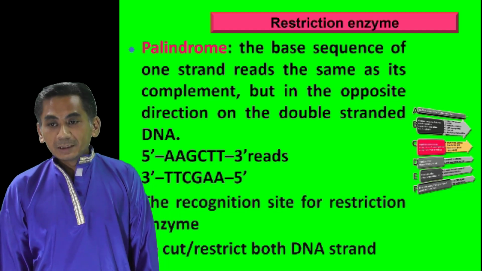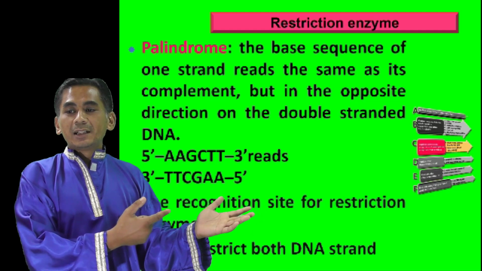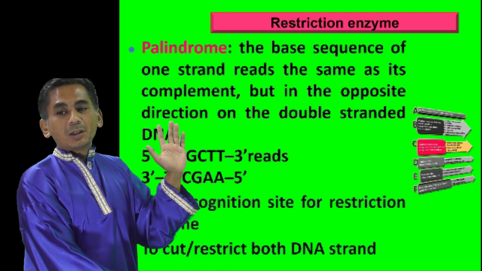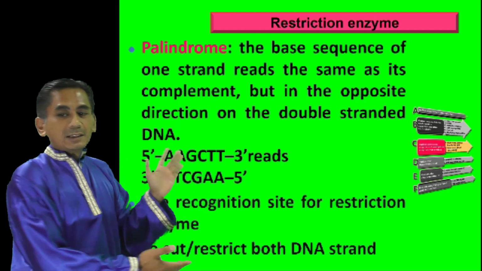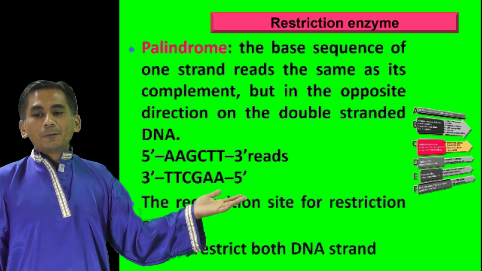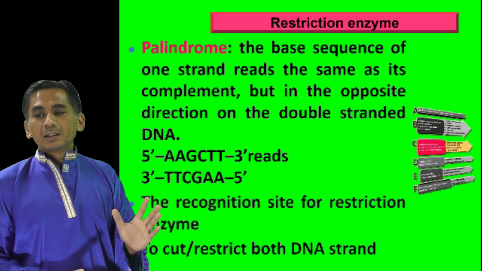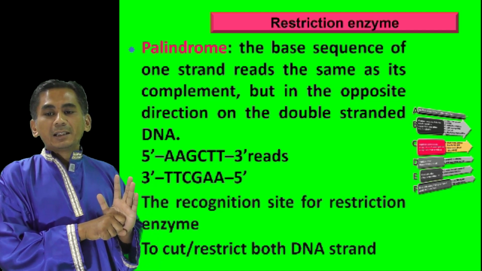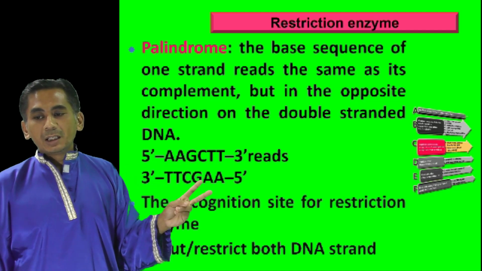Palindrome means the base sequence of one strand reads the same as the opposite direction of the complementary strand of DNA. For example, as shown in the figure here, the function of the palindromic sequence is to act as a recognition site for the restriction enzyme and then cut at the recognition point on both DNA strands.